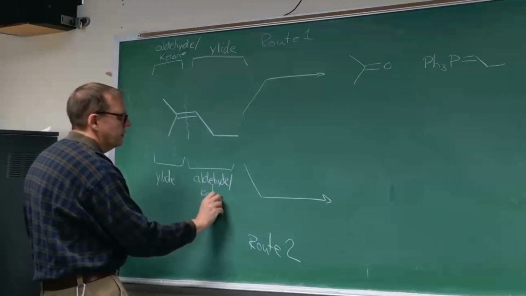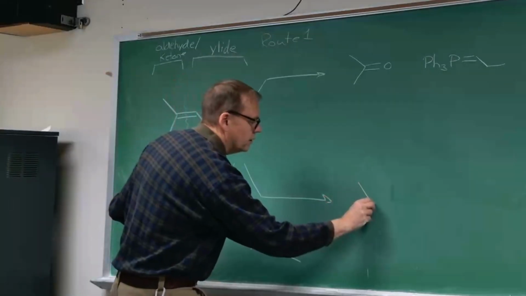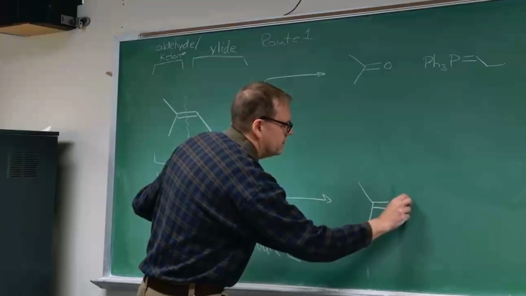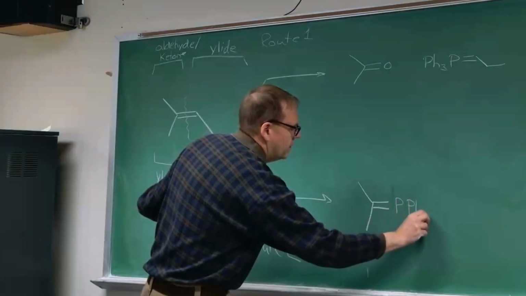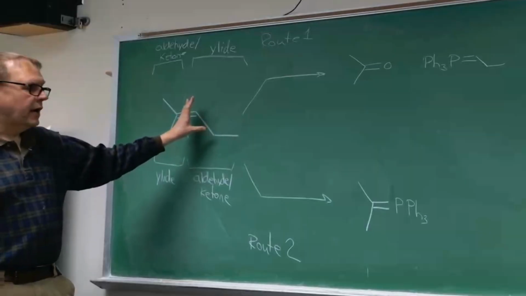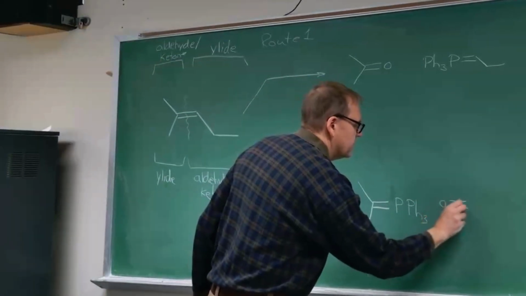So you have a choice here. If we're making that our ylide, the ylide structure would look like this. It would have this phosphorus with 3 phenyl groups attached. And then the bit on the right would have to be an aldehyde piece. And that aldehyde piece would look like this.